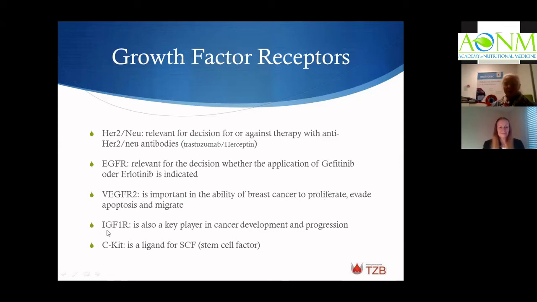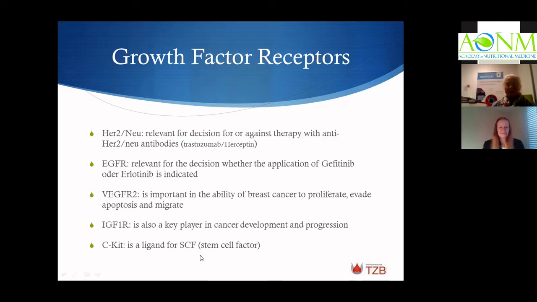And the insulin growth factor receptor, where there are quite a lot of therapies available because these cells respond to insulin, and you can either reduce the concentration of the therapeutic agents or get onto this receptor by other ways.